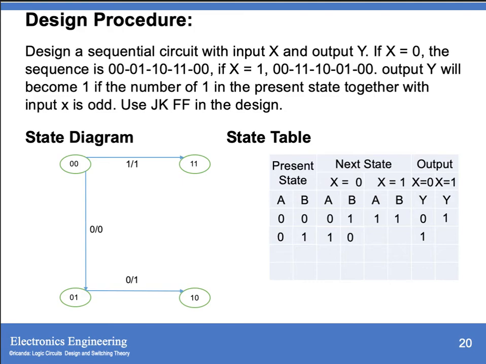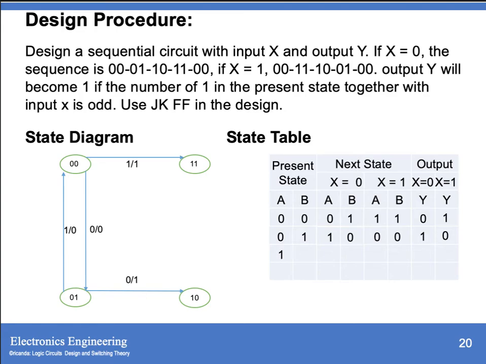Then from 01, at X equals 1, it goes to 00. When your X equals 1, what is your output? Your present state is 01, so the number of 1s in your present state and your input X is even, therefore your Y is 0.